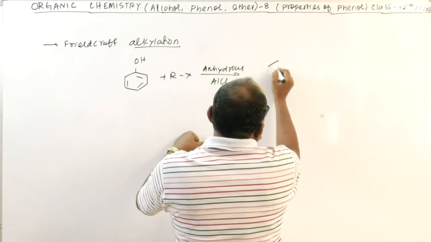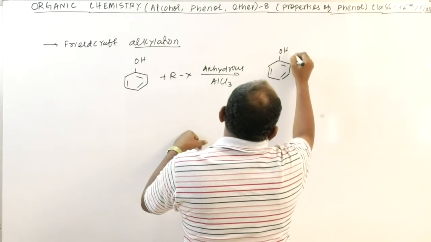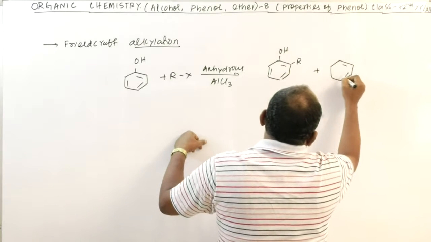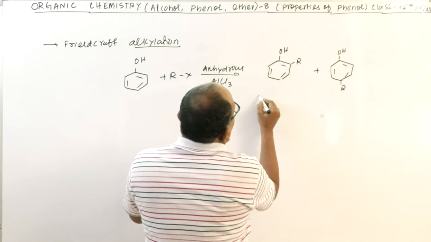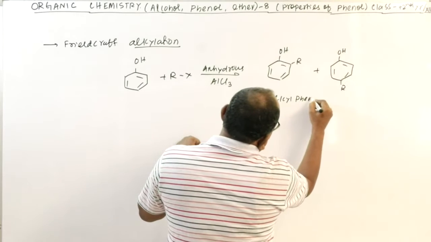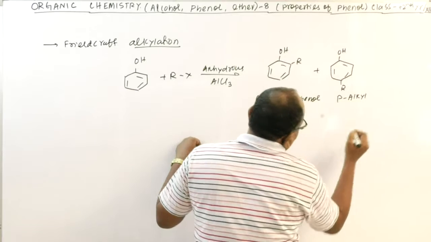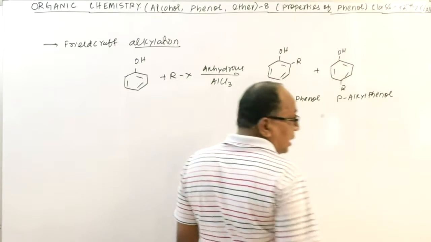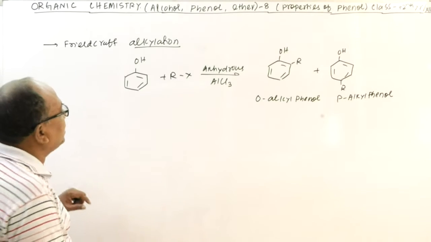It gives a mixture of ortho-alkyl phenol and para-alkyl phenol. This is called ortho-alkyl phenol and this is called para-alkyl phenol. And this reaction is known as Friedel-Crafts alkylation. Suppose you take the phenol.